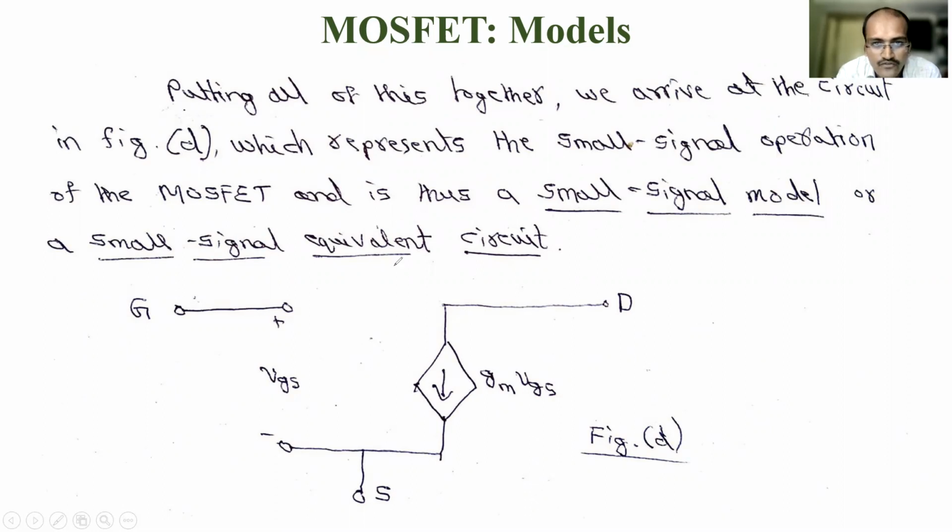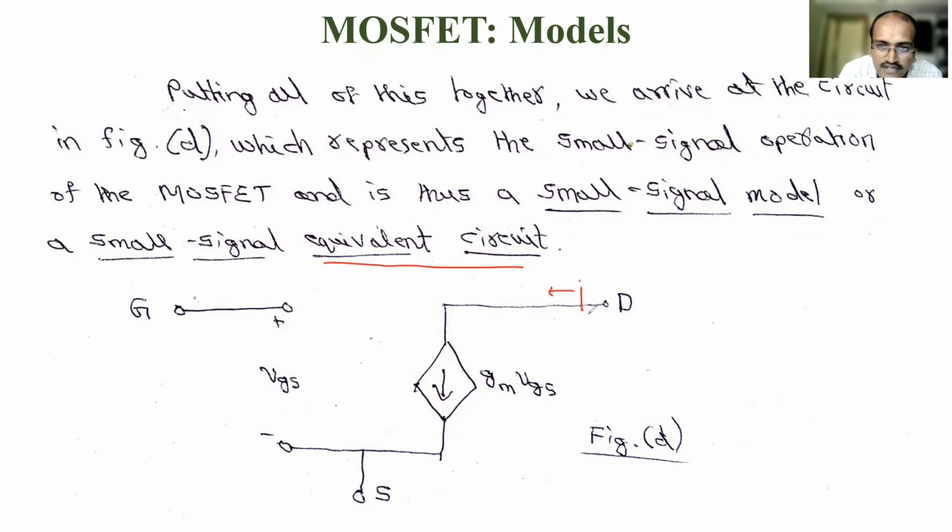What it indicates is that the input side resistance is very high and the output side resistance is also very high, infinite in the ideal case, so we removed them. What remains in the MOSFET is the voltage you apply, the gate to source voltage VGS, and for that you get a drain current ID flowing in this manner. How do we give this drain current ID?